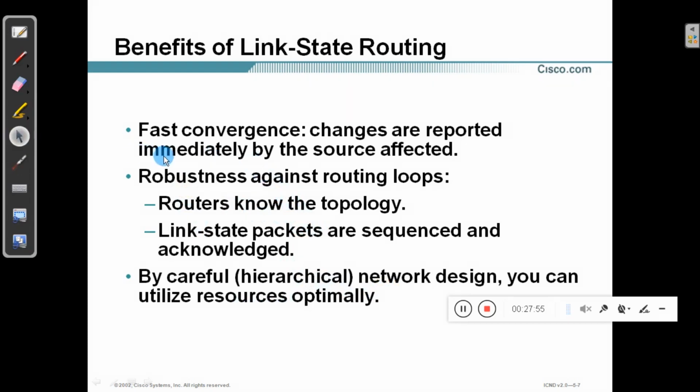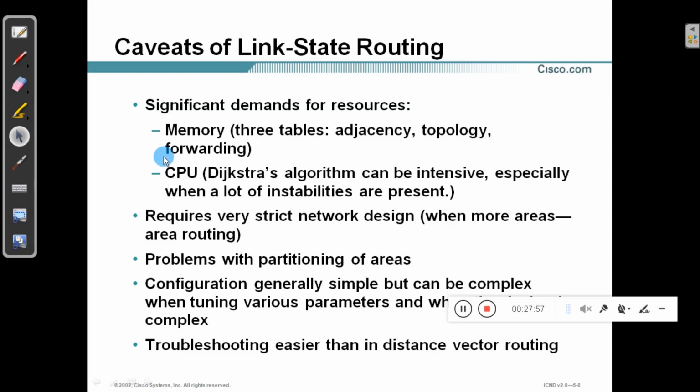Now, what are the disadvantages of the link state routing protocol? The disadvantage is it consumes more memory, because link state routing protocol creates a topological database. In order to create the topological database, it has to create three tables.